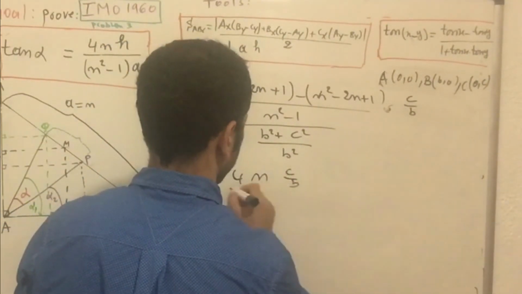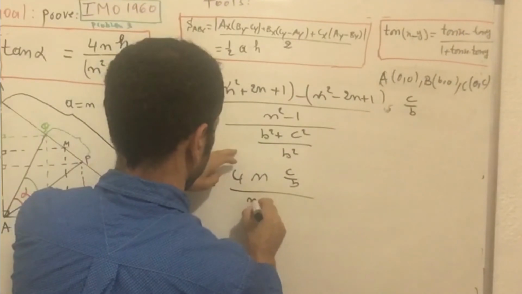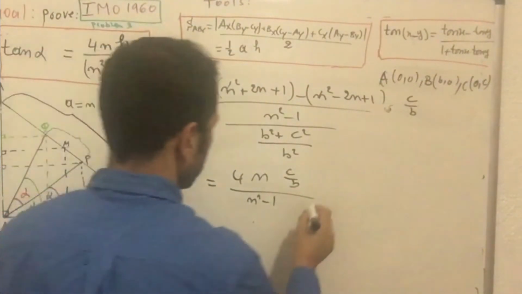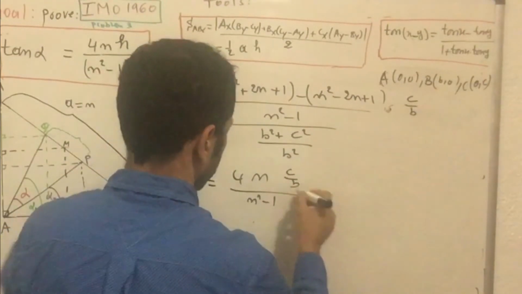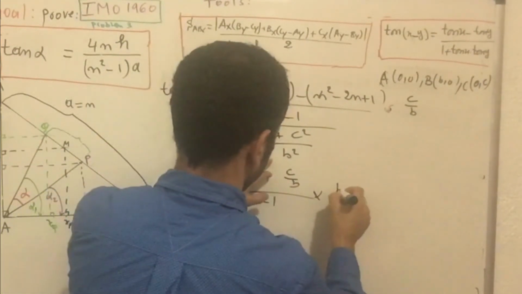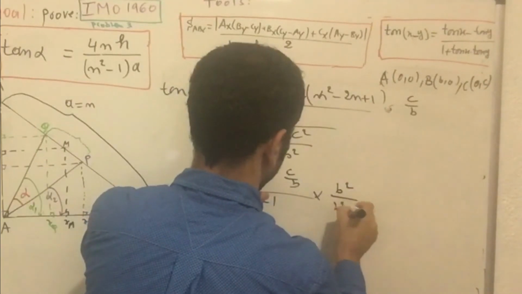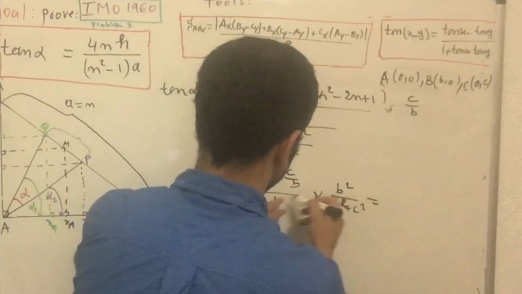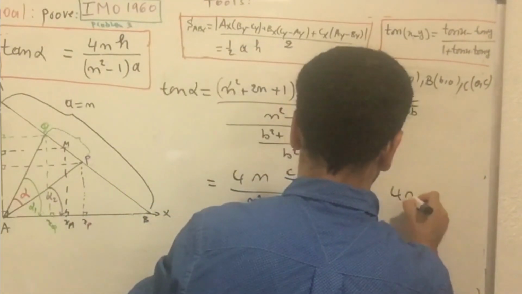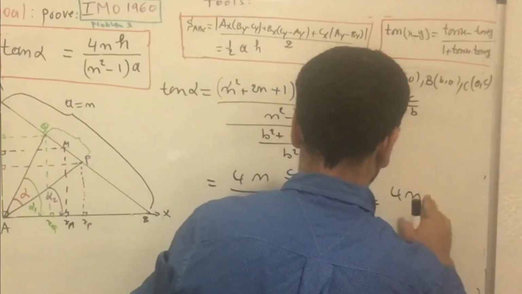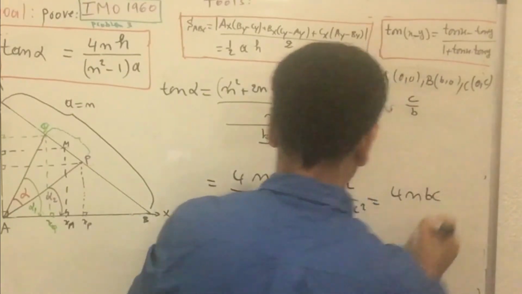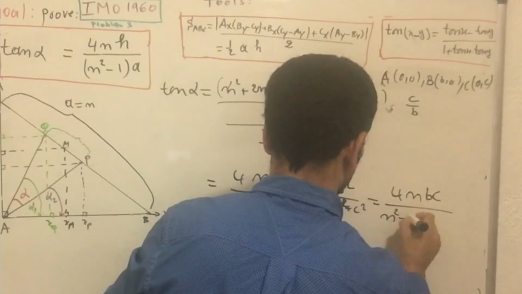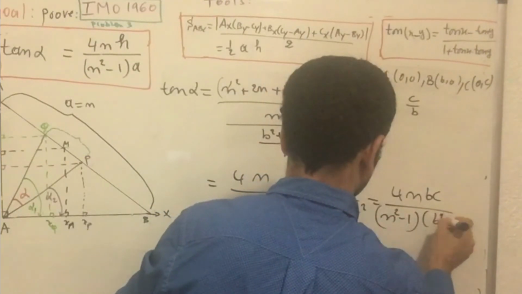This one, n square minus 1 over n square minus 1. This one I will bring up, it becomes b square over b square plus c square. Okay, I'm going to simplify b by b, so we get 4n bc over (n square minus 1) multiplied by (b square plus c square).